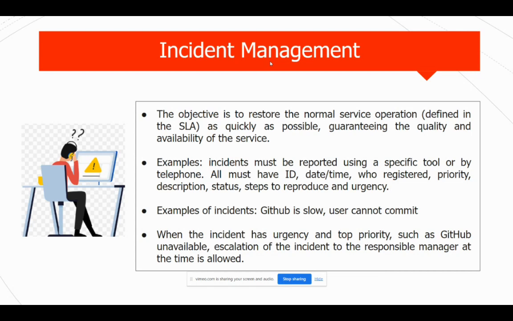Some examples of incidents are GitHub is slow, or a user cannot commit. An incident can be urgent and top priority, such as when nobody can access GitHub because it's unavailable. Escalation of the incidents to the responsible people is allowed.